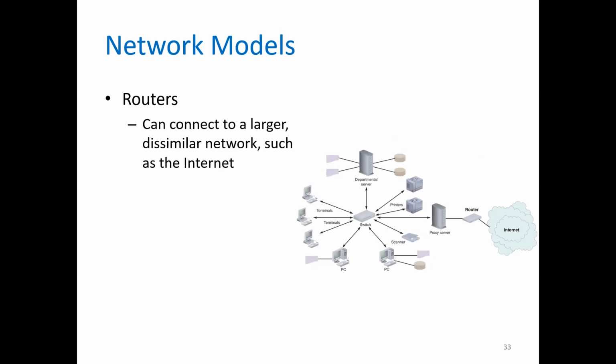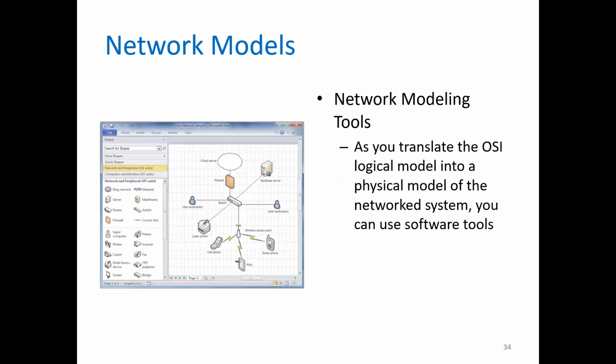Network models, routers. A router is a networking device that forwards data packets between computer networks. Routers perform the traffic directing functions on the internet. It can connect to a larger or dissimilar network such as the internet. A router interconnects networks. Network modeling tools.